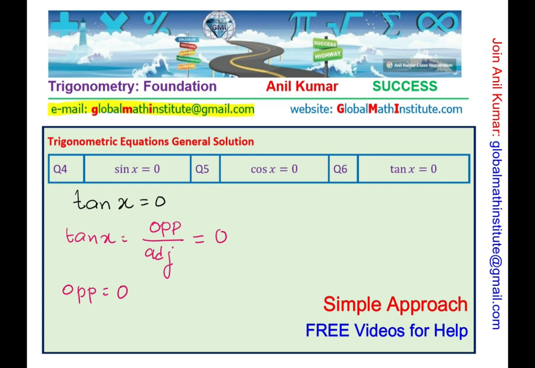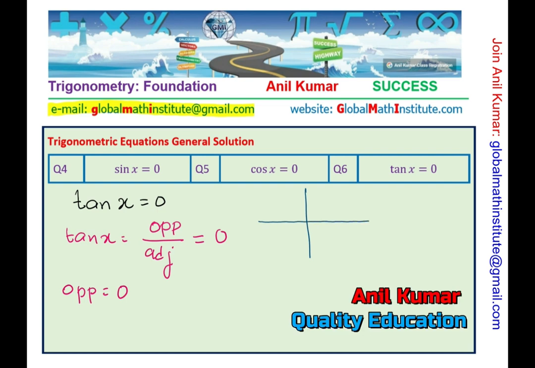Makes sense, right? Correct. So, those are the angles which are 0 and 180, right? So, on a coordinate plane, those are the 2 points, which is 1, 0 and minus 1, 0, where tan should be 0.